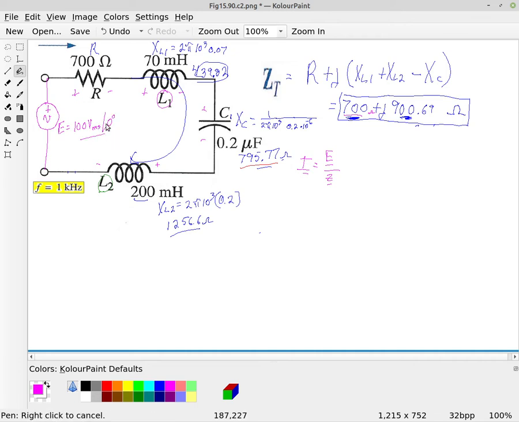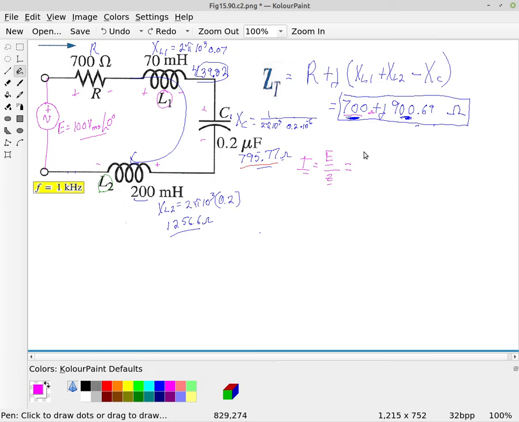So this is the phasor or polar form of the voltage. And so using Ohm's law, we can then calculate what the current in the circuit is. Now remember, it's a series circuit, so whatever this current turns out to be, it's the same current through each element.